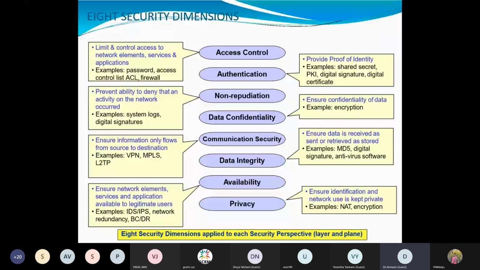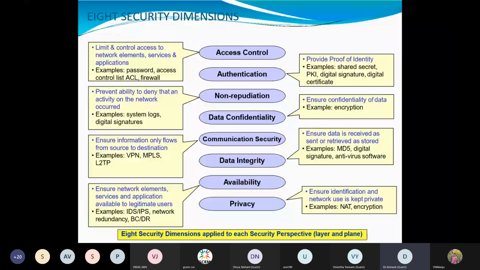The next one is data integrity. It ensures that the data integrity is not lost from sender to receiver. That means the data is not tampered with. So here we have to see what kind of tools we are using. For example, here we can use some kind of antivirus software, or we can use the mechanism of digital signatures.